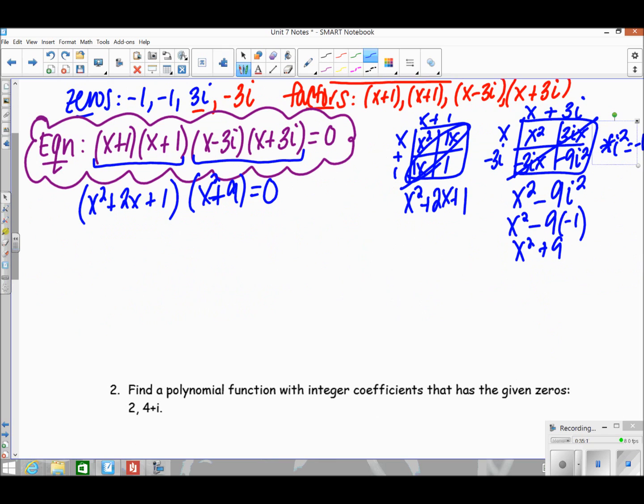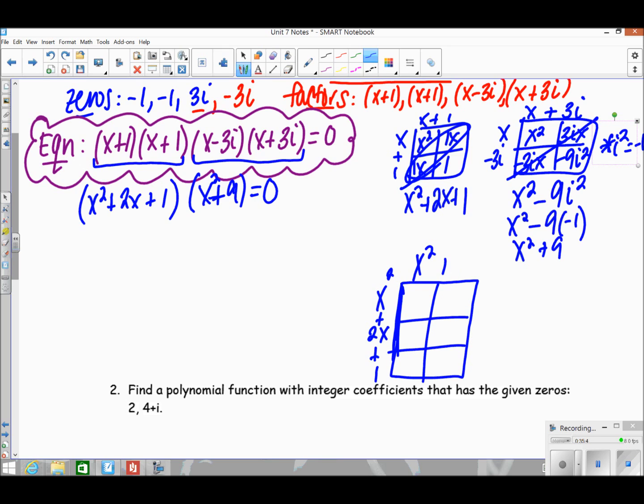So now I multiply these two, which means since I have 3 terms and 2 terms, it's going to be a 3 by 2 box. So I'm going to have x squared plus 2x plus 1 and x squared plus 9.